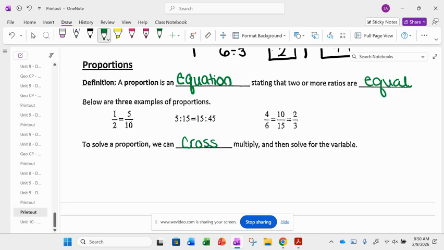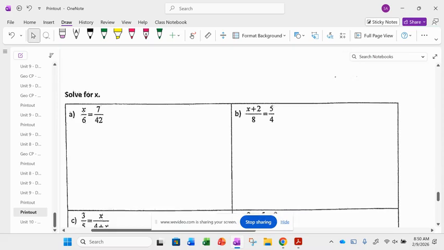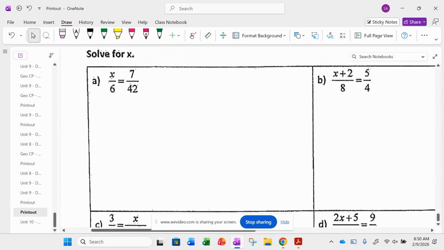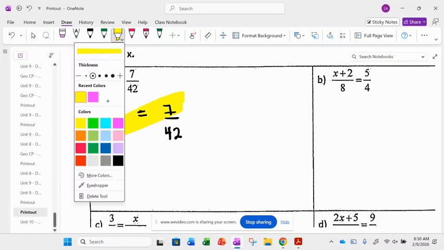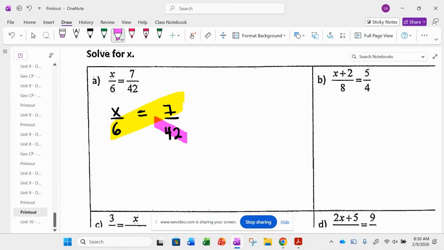Okay, let's keep going. Do some practice problems. Okay, solve for x. So whenever you have one fraction, an equal sign, and then another fraction, cross multiplying is when you multiply on a diagonal. Like that. That's what cross multiplying is.